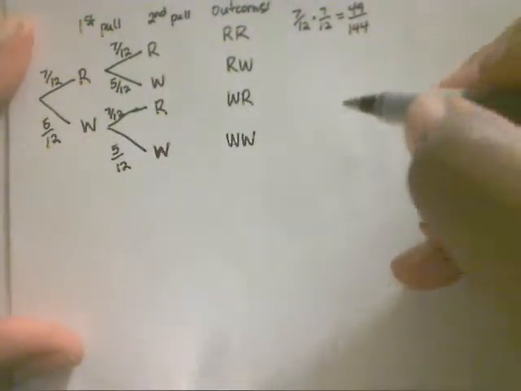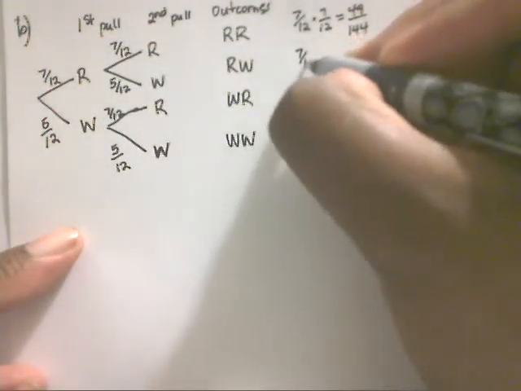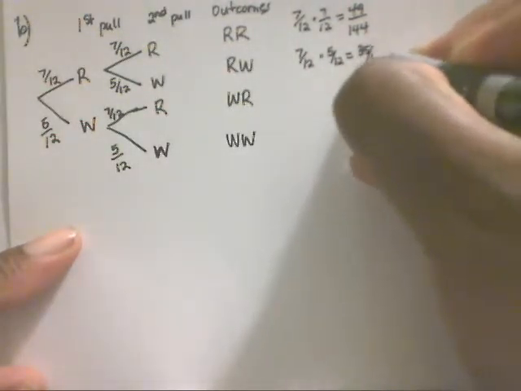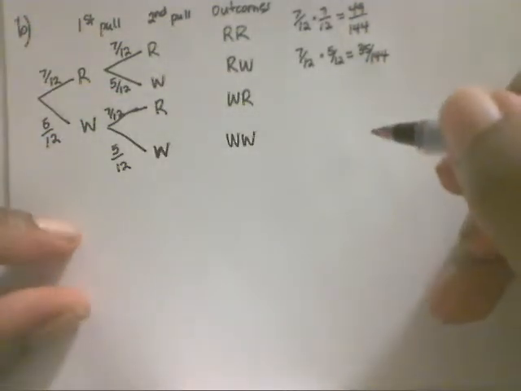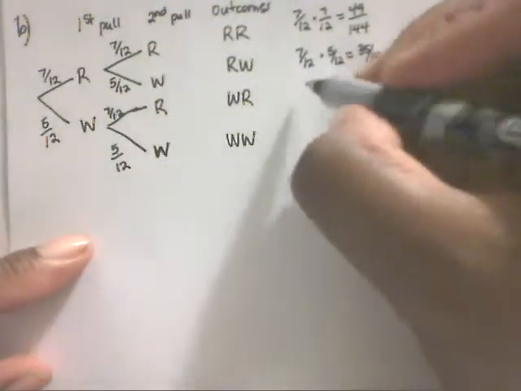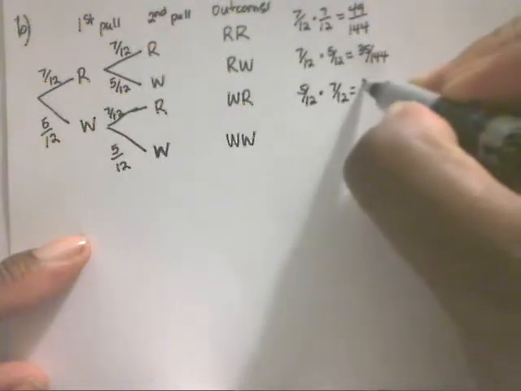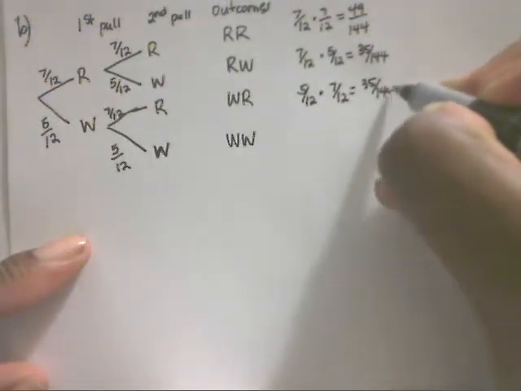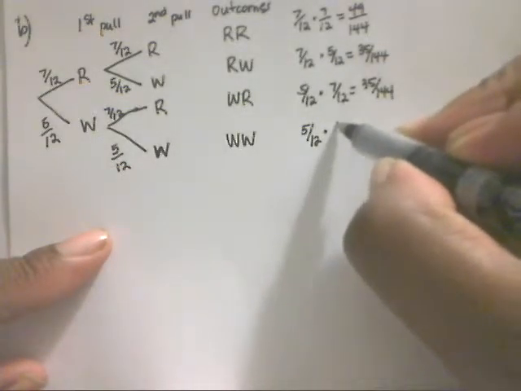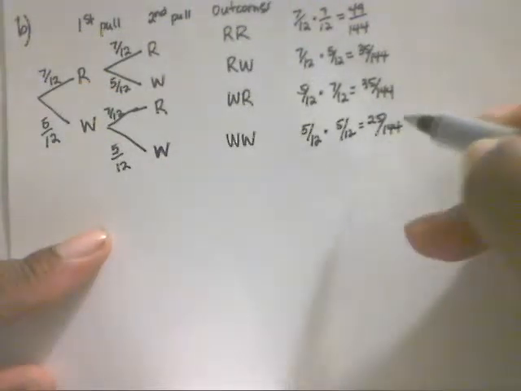And then a red and a white, this will be 7/12 times 5/12. That's 35 over 144. And then a white and a red, 5/12 times 7/12. That's 35 over 144. And a white and a white, 5/12 times 5/12. That's 25 over 144.